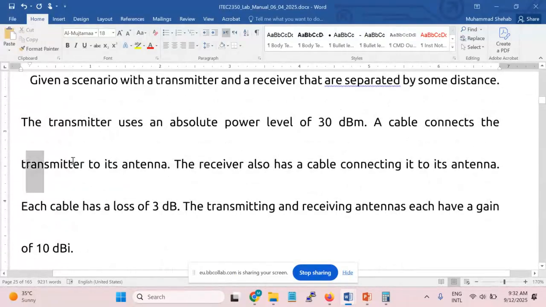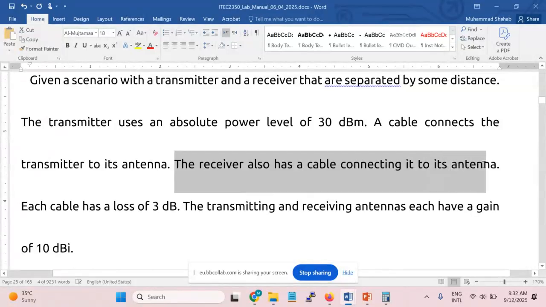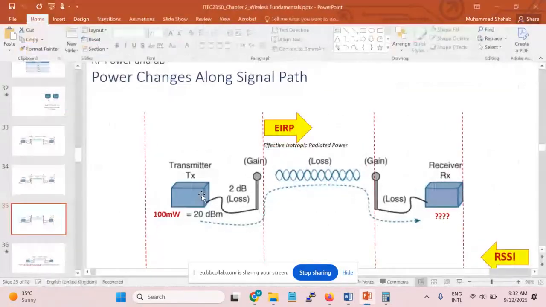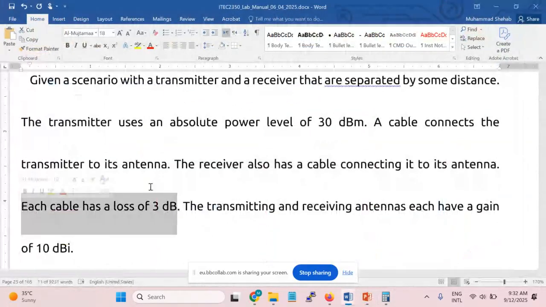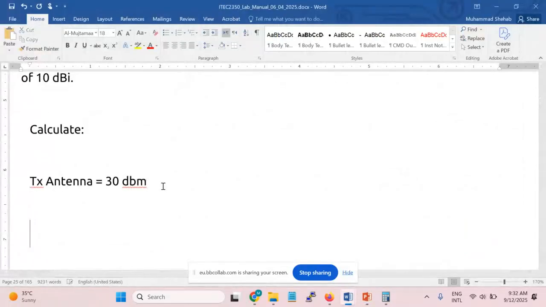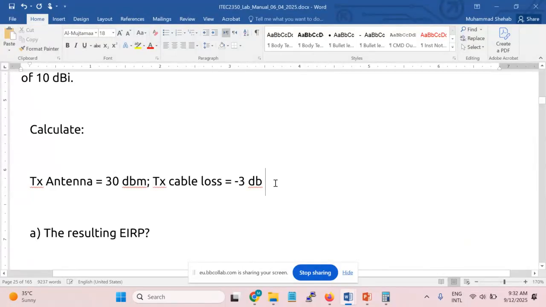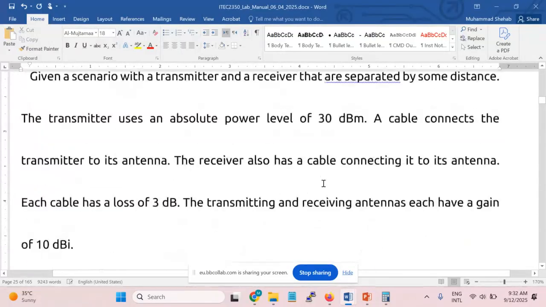A cable connects the transmitter to its antenna. The receiver has a cable also connecting to its antenna. So I have a cable from the transmitter side and a cable from the receiver side. Each cable has a loss of 3 dB. Transmitter cable loss equals minus 3 dB. Receiver cable loss equals minus 3 dB.